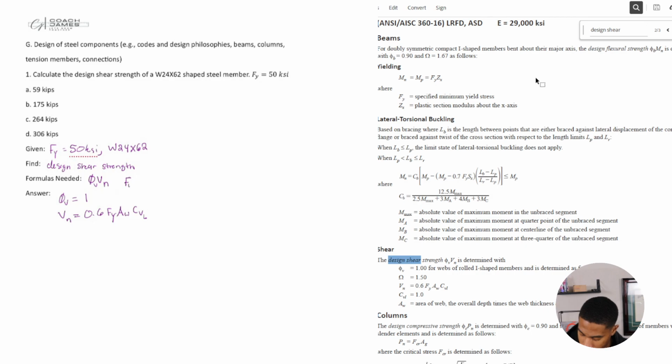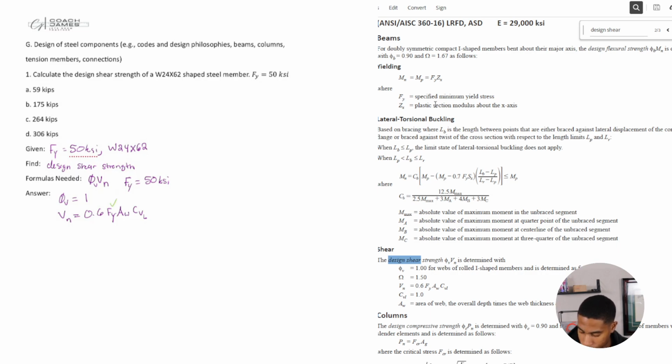Remember, stress is always your weight or newtons over a specified area. In this case, it's 50 kips per square inch. That makes sense. So Fy is taken care of.